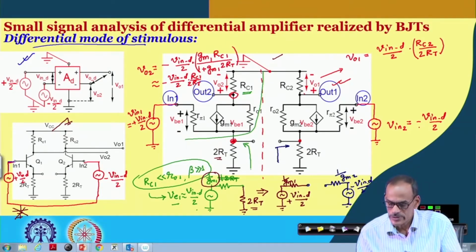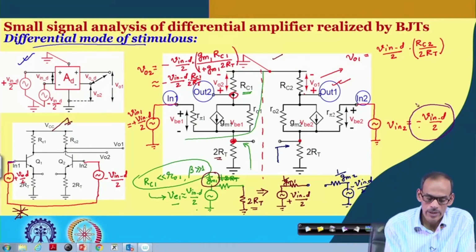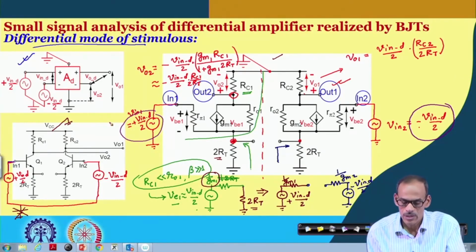So in this differential mode of operation, namely if input 2 and input 1 are complementary to each other, then at this point and this point the two signals you are getting are complementary.